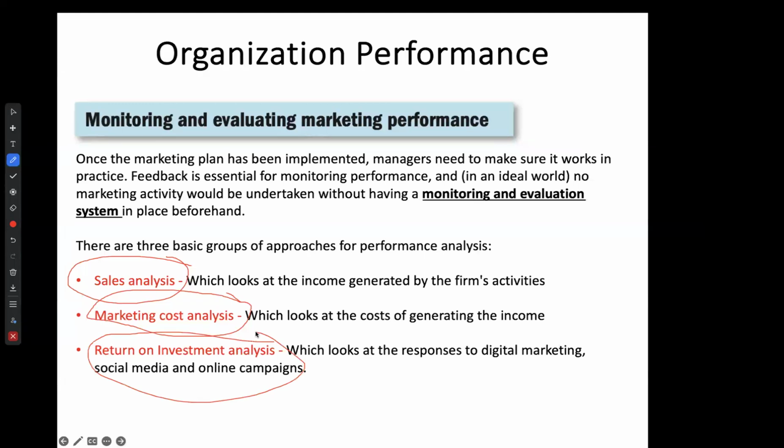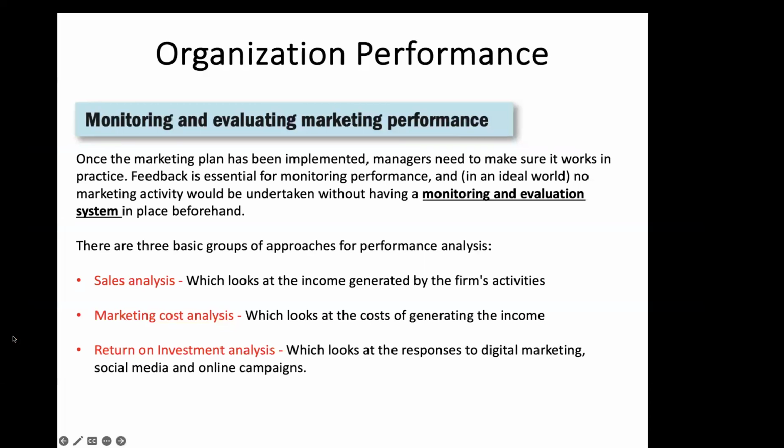We can also call it return on marketing investment. What is the return we get for the investment? So marketers need to be accountable and evaluate and monitor marketing's performance. Otherwise, we are not there only to spend. We are accountable to our shareholders. So here we talk about how we evaluate and monitor the performance of marketing, which is very critical.